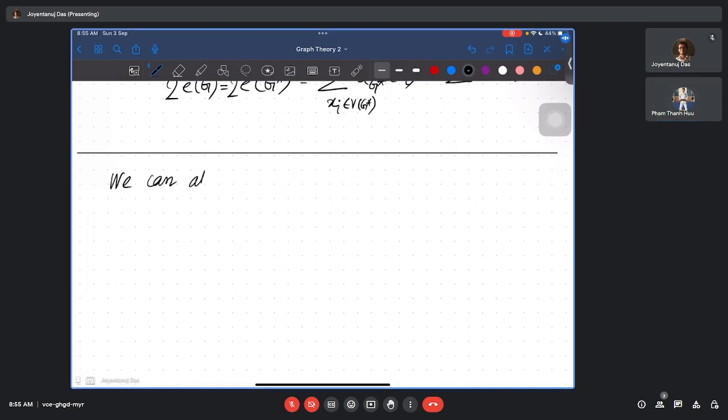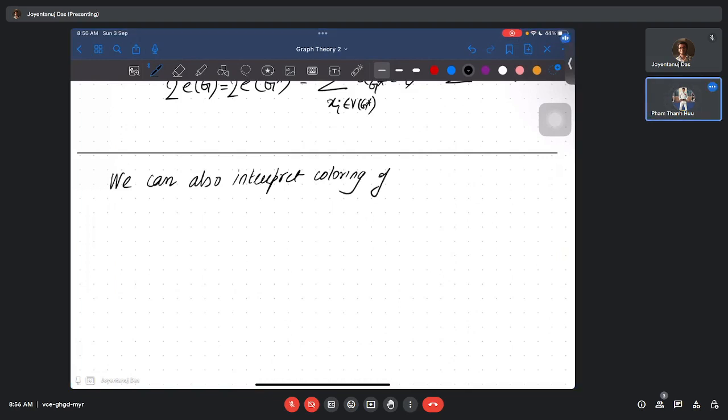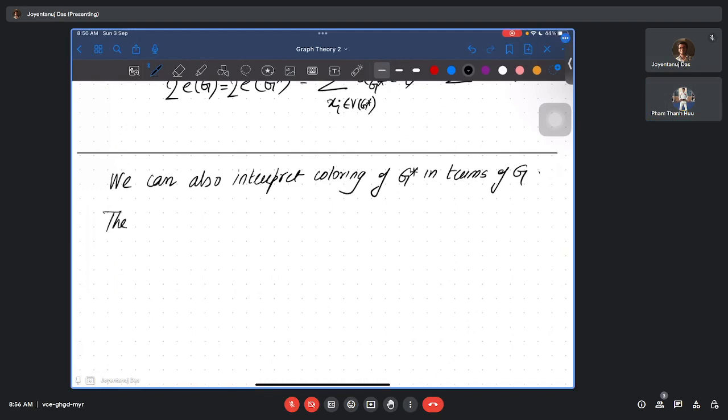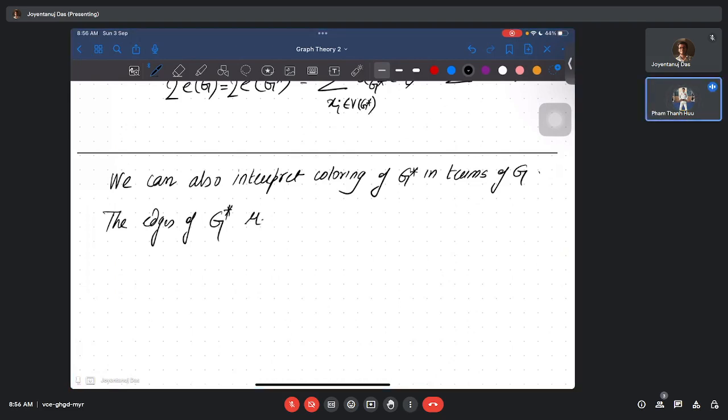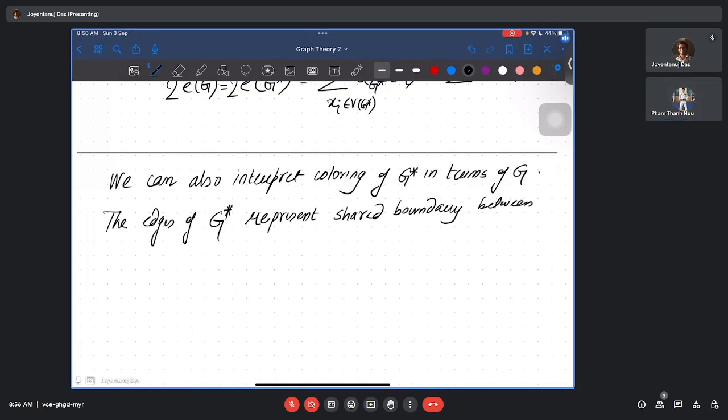We can also interpret coloring of G star in terms of G. The edges of G star represent a shared boundary between faces of G, right?